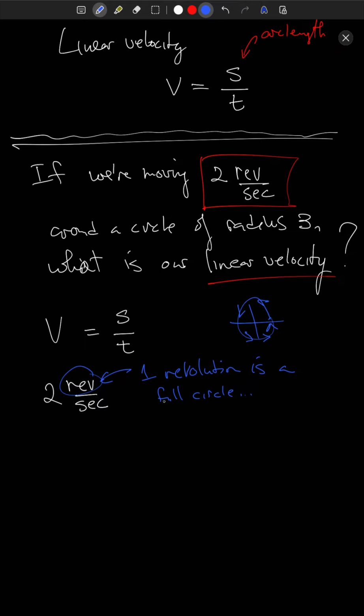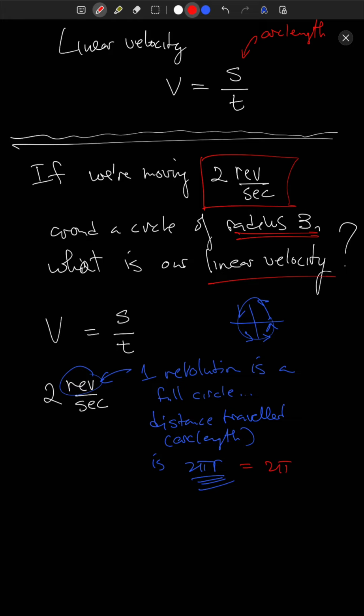So the distance traveled, in other words the arc length, is going to be 2 pi r, the circumference of the circle. In our example, we're moving around a circle of radius 3, so this is equal to 2 pi times 3. So when we move 1 revolution, we've traveled a distance along the circle of 2 pi times 3, which is 6 pi.